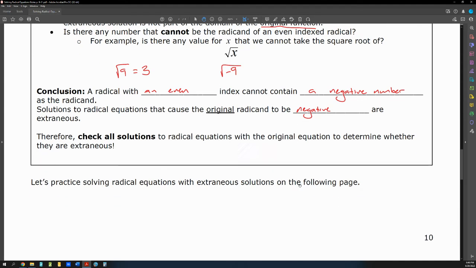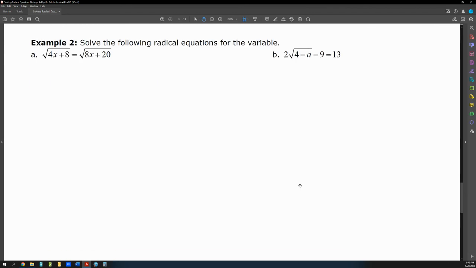Let's try a few. On the following page, example 2. So now we've seen examples like this. A square root equals a square root. In order to solve this, I'm going to square both sides. Squaring both sides, we get 4x plus 8 is equal to 8x plus 20. And notice that that gets rid of the radical on both sides.